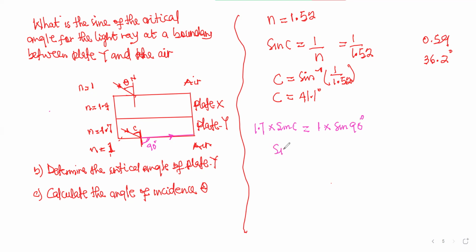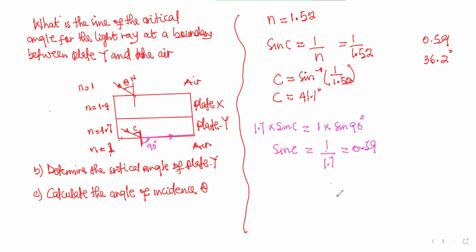So sine C will be, sine 90 is 1, so 1 over 1.7. And 1 divided by 1.7 is equal to what? 0.59.